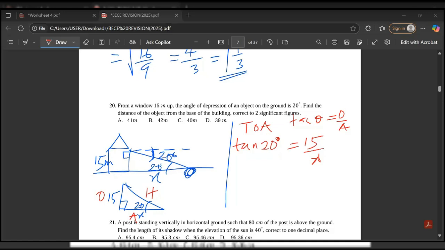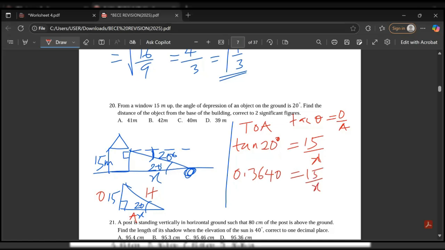I think we don't have much time to waste, right? So you find tan 20 degrees. You can use your four-figure table to find that, or you use your calculator if you are allowed to use a calculator. And tan 20 degrees is 0.3640. So 0.3640 equals 15 over x.